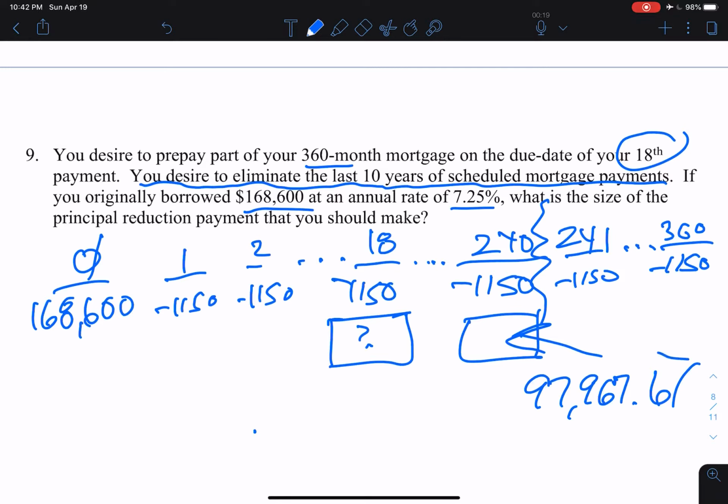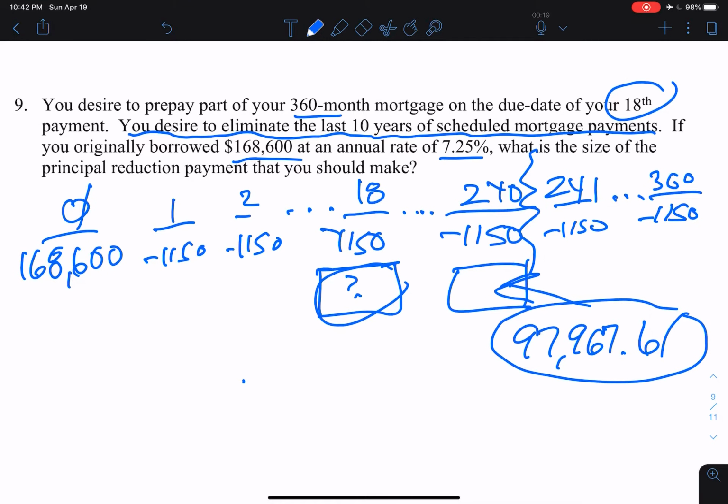Well, this is a single dollar value, and we just want to know what we'd have to pay at date 18 instead of here. Well, it's easy. What interest factor do we use to move a single dollar value back in time? Answer, present value interest factor. How many periods do we want to go back in time? I'm going to go from here to here, so that's going to be 222 periods back in time.